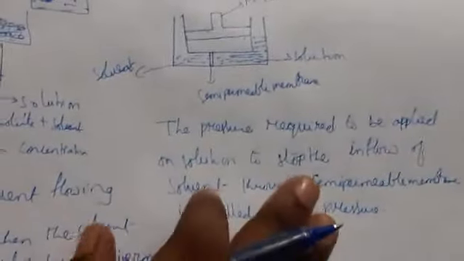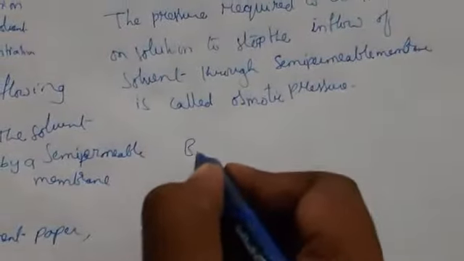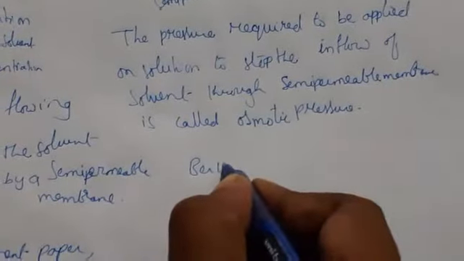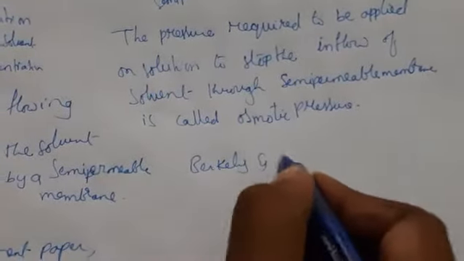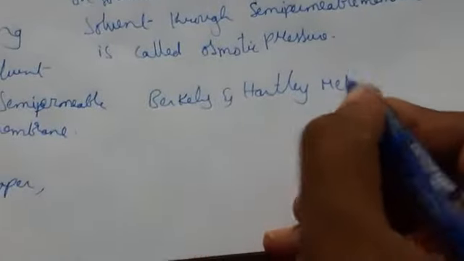Okay. So to determine the osmotic pressure, one method is the Berkeley and Hartley method. So what is that method we are going to have? The Berkeley and Hartley method.